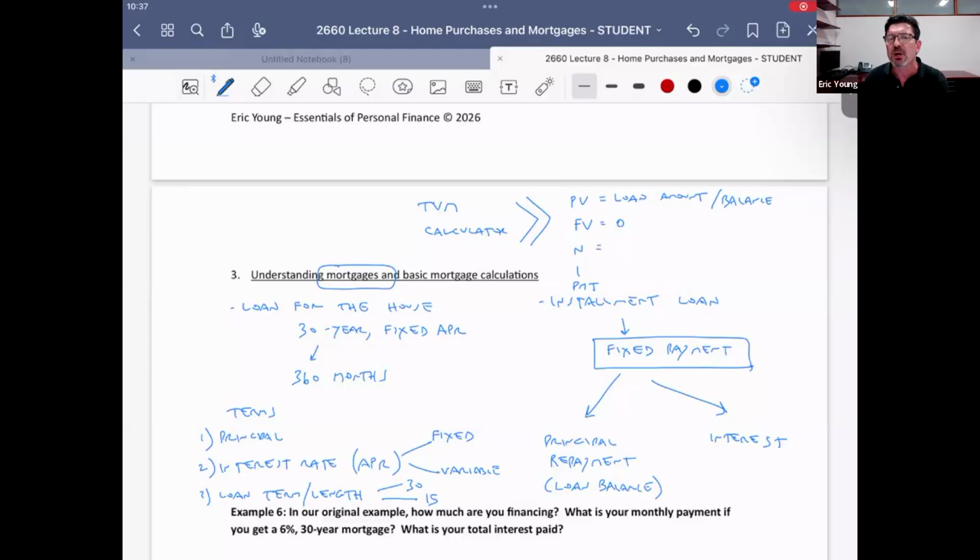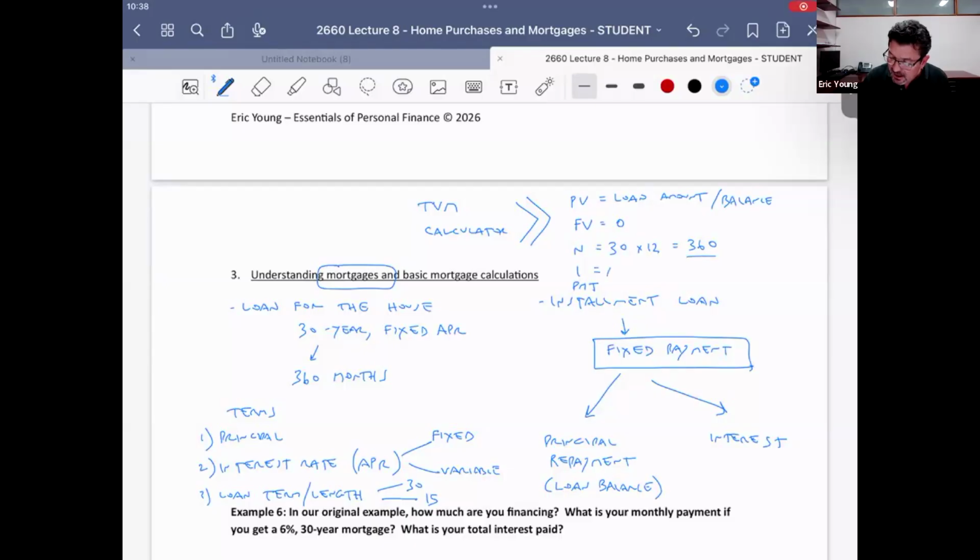Now, here's where we have to do an adjustment. Let's say that we're doing a 30-year loan, but loan payments are made monthly. So whatever the number of years is, we have to multiply by 12 to convert it from annual to monthly. Okay?